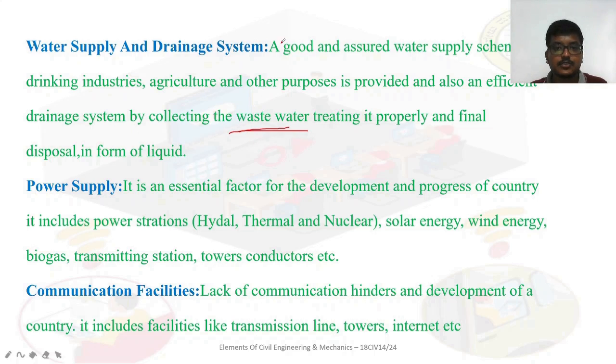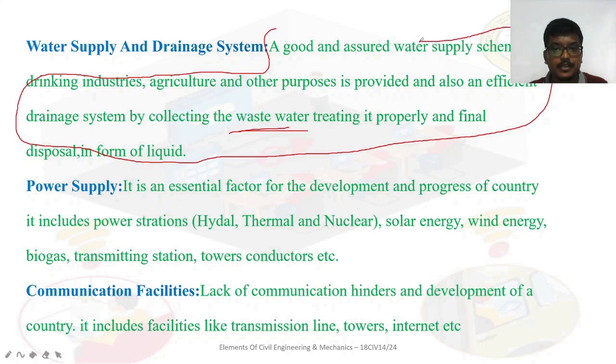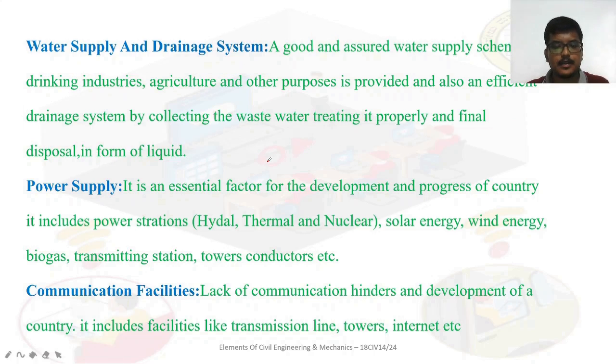What they're telling is, if the infrastructure is good, then the polluted water can be disposed of, and also it can be filtered and again allowed to flow through water, and it is a cyclic process. So power supply is an essential factor for the development and progress of a country.